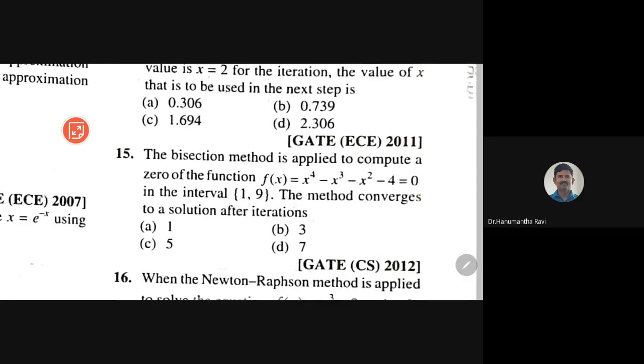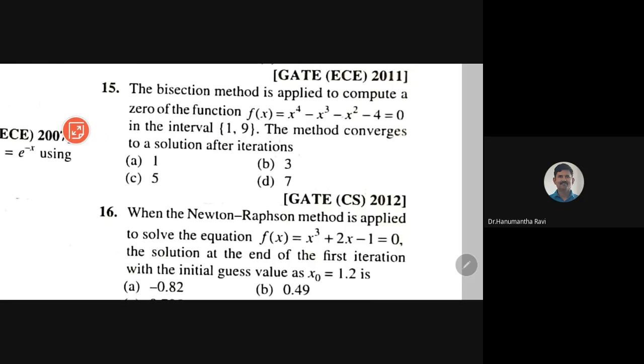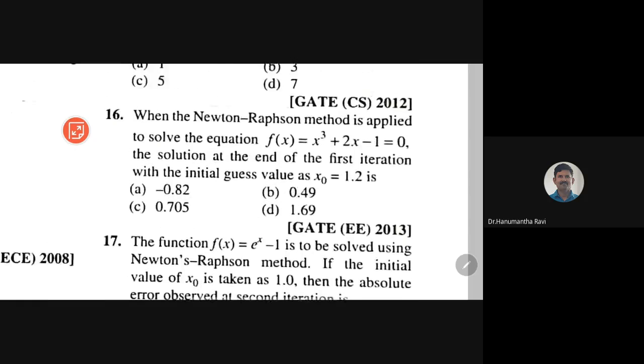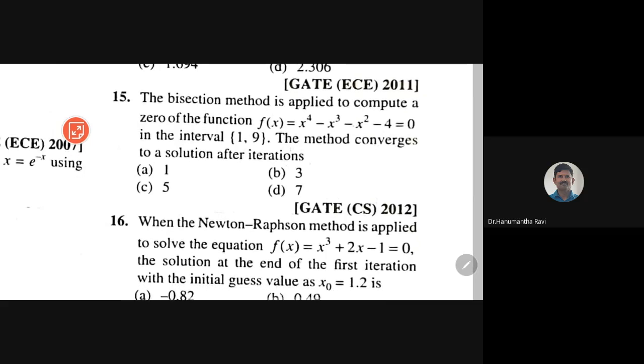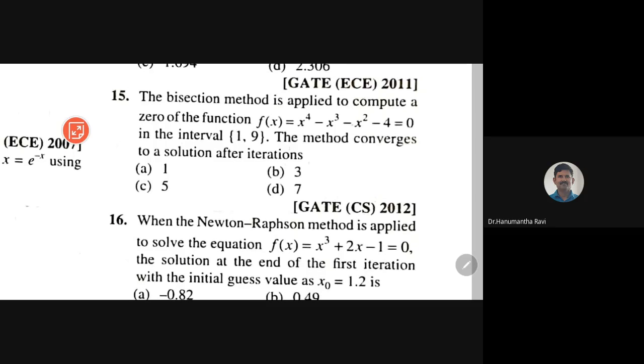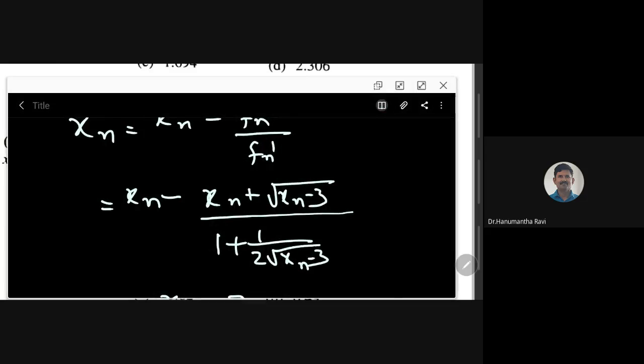Next one is bisection method. He has given 1 and 9 as the interval. Good, okay. We'll try this. So what is our f of x in this case?